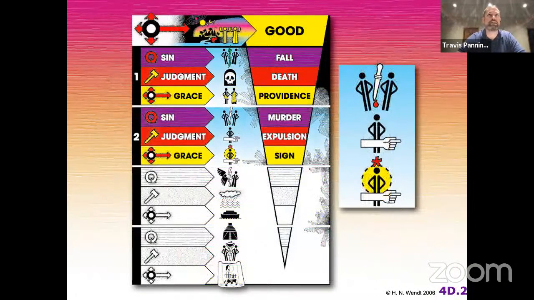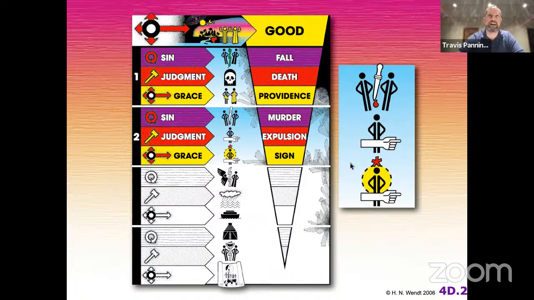The second episode is the Cain and Abel story. Sin is obviously the murder that takes place. Judgment is after God confronts Cain about what he has done. God says, you must leave. You must go further from where the garden is. And then, of course, Cain cries out that when people see me, they will surely kill me after they know what I've done.